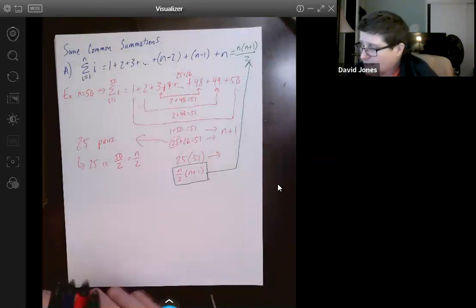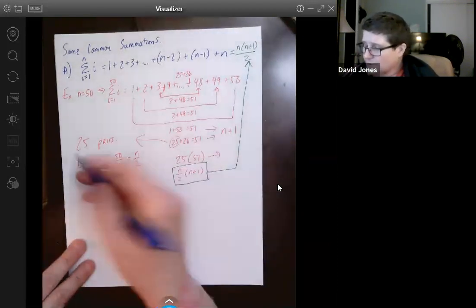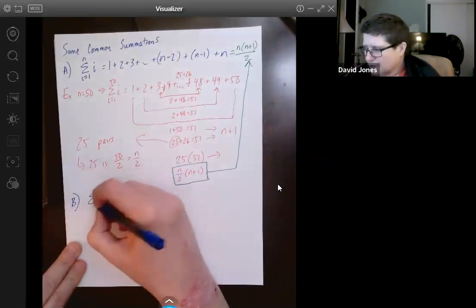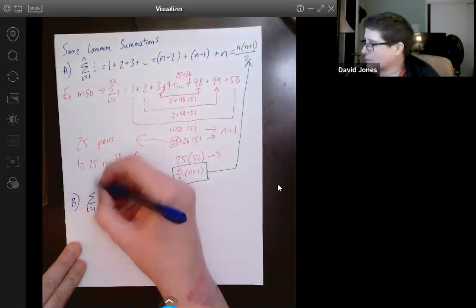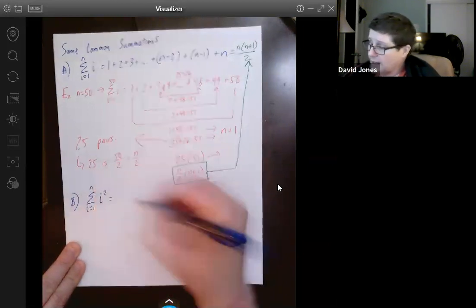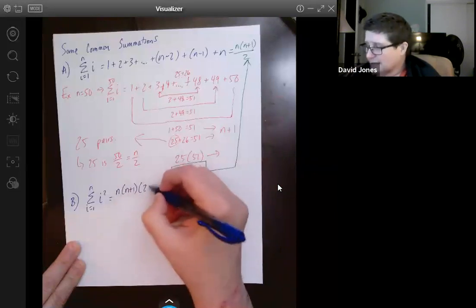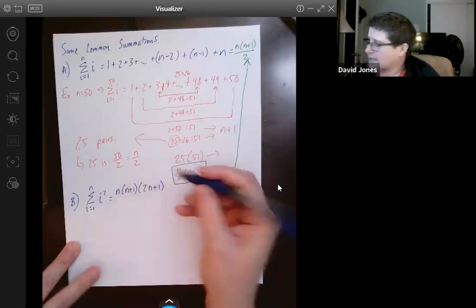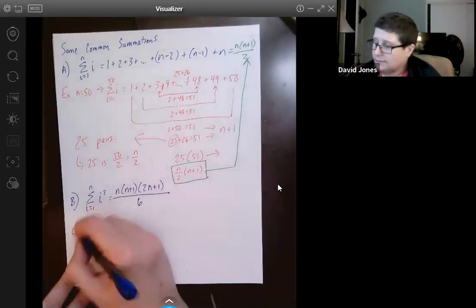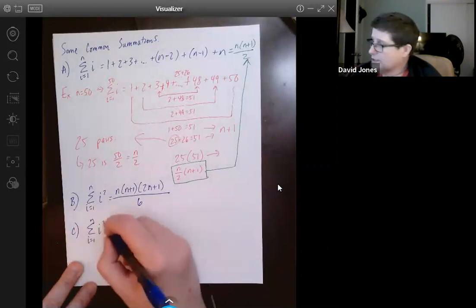Some other fun ones that fall in this problem, I don't know how fun they are. That top one's the most common one you'll see. Less common, but ones I'm sure the homework will throw at you: I equals 1 to n of I squared. Rather than trying to derive it for you, which would be a pain, it's n times n plus 1 times 2n plus 1 divided by 6. And you see I equals 1 to n of I cubed.